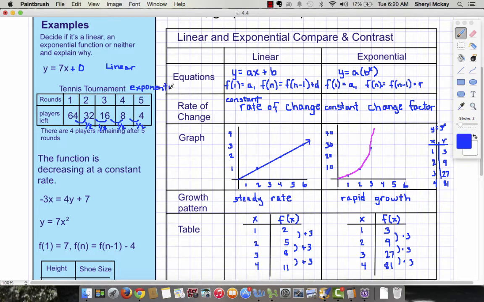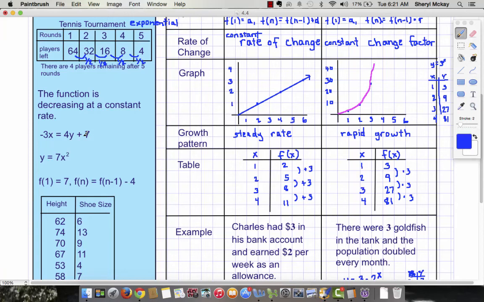And if you graphed it on a piece of graph paper, you would have seen that there was a rapid decline. You'd start with 1 being 64, 2 comes down to 32, 3 comes down to 16, 4 comes down to 8. You can see right away that that is a rapid decline. You might have also said, well, this looks like a geometric sequence to me, and a geometric sequence is an exponential function. Lots of ways to tell that this is exponential.